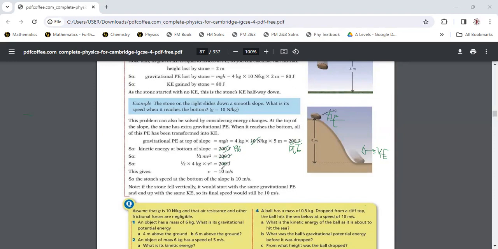So you can go half times 4 times v squared. When it says m, it's equal to the mass. So if it's 4 kg, it's 4 kg, but if it's mg, just go 4 times 9.8.